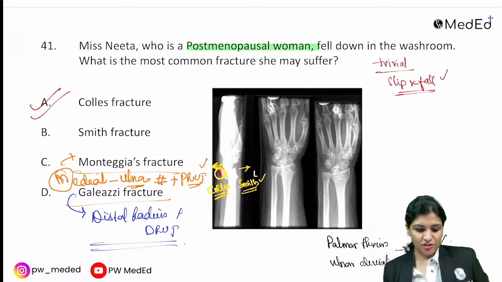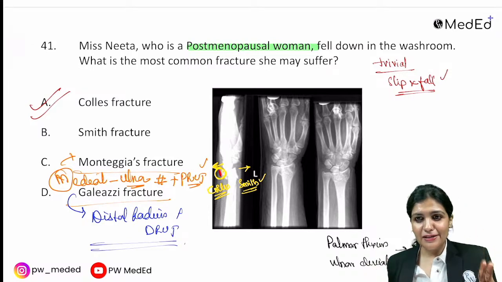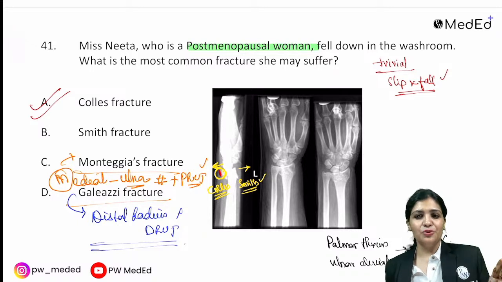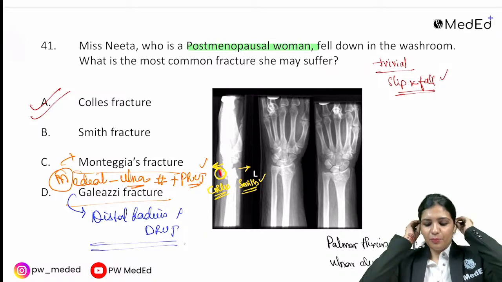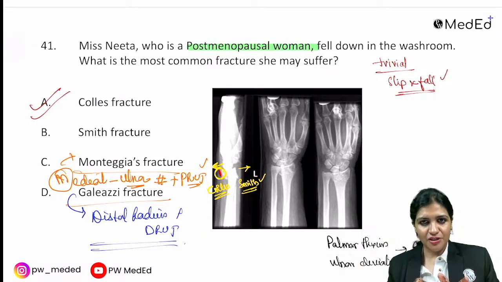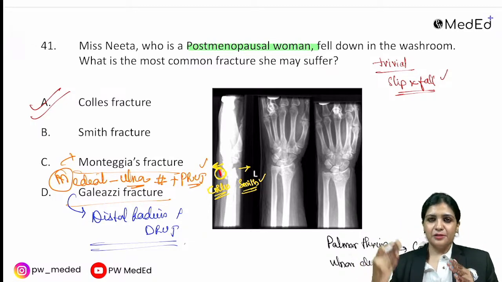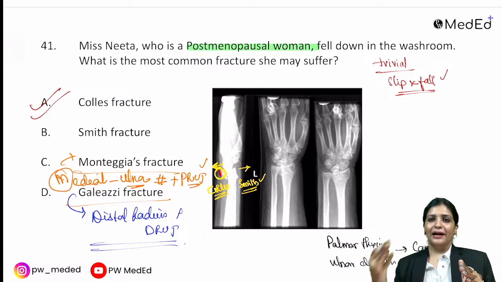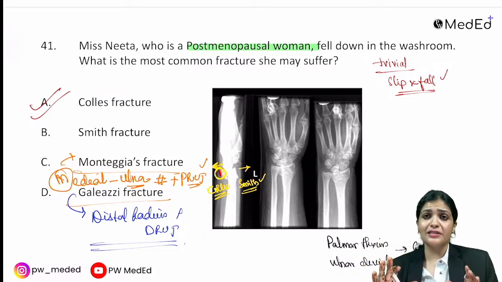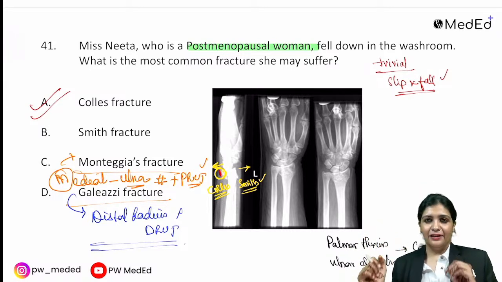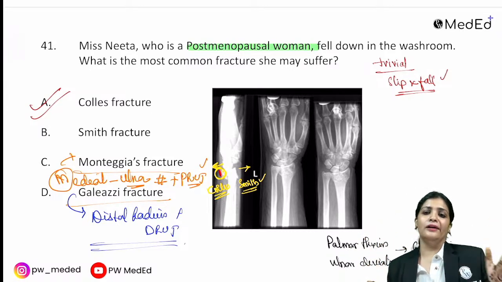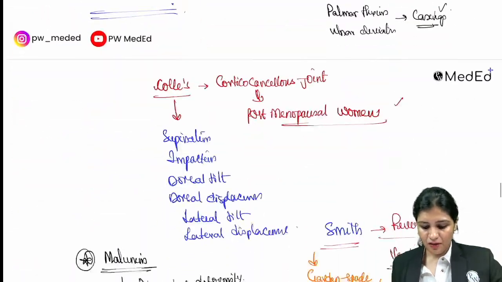Please remember Monteggia and Galeazzi, very important questions, and usually they have asked every time in the exam. They might put up an image and ask what type of fracture this is, and similarly Colles, Smith's, Monteggia, Galeazzi and Barton's. What is Barton's? We discussed this also yesterday: the intra-articular extension of the distal radius fracture is your Barton's. Barton's can be a volar Barton or a dorsal Barton fracture, right?